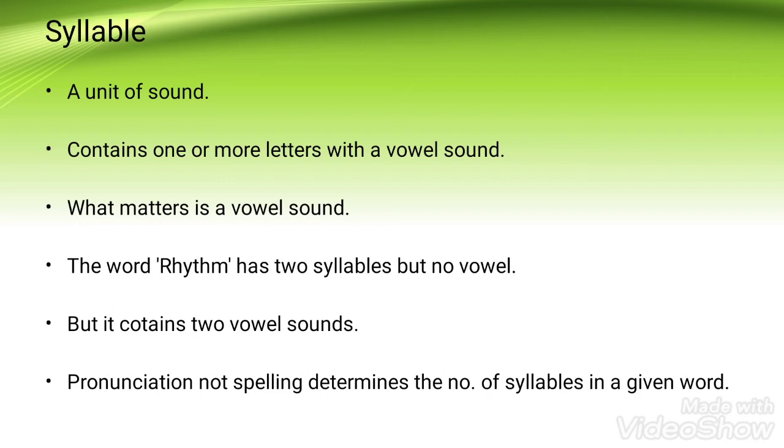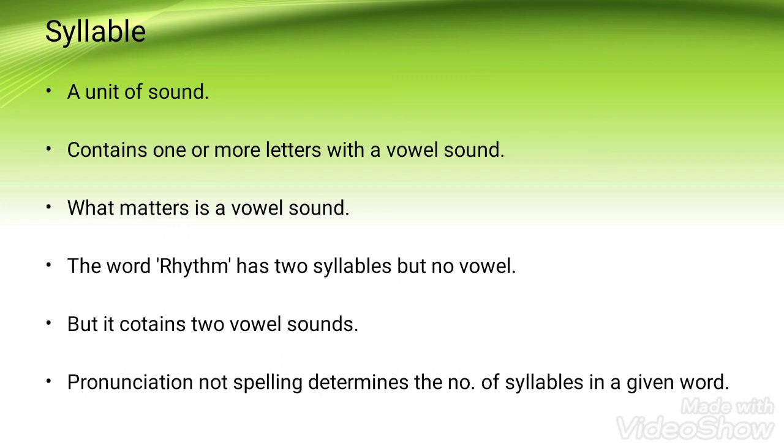But it does not mean that every syllable contains a vowel letter, but it will include a vowel sound when pronounced. So having a vowel is not compulsory; what matters is the vowel sound. For example, the word rhythm itself has two syllables. It does not contain any vowels, but it is pronounced with two vowel sounds.